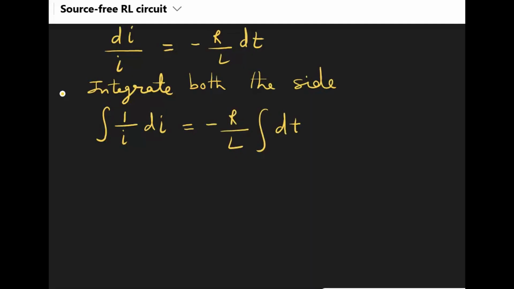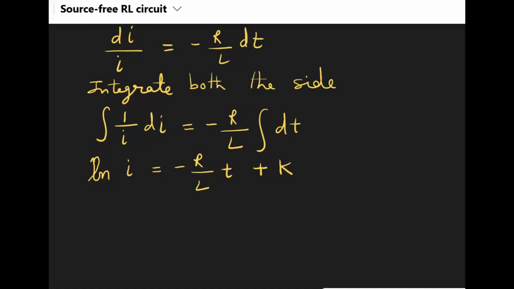R by L is a constant, so we have taken it outside. Now, integration: 1 upon I gives log I, equals minus R by L t plus k, where k is the constant of integration. Call this equation 1.